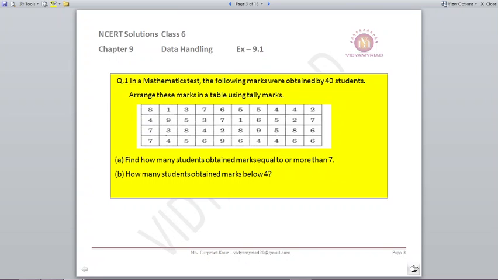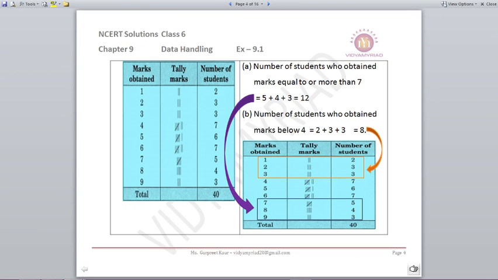Let's first make the telemarks based on the information given to us. It will be represented like this. Under marks obtained, you will write down 1 to 9. Then under telemarks, for how many times that number is repeating, you will draw a standing line, and if it comes for the 5th time, then draw a diagonal line on it to make a group of 5 and then repeat the same method again.